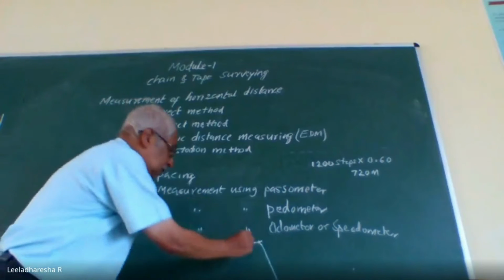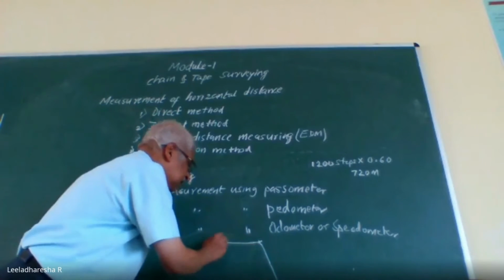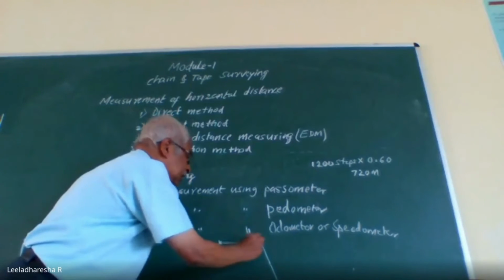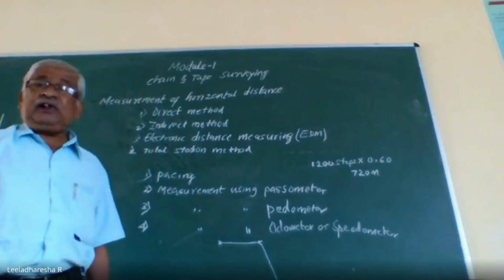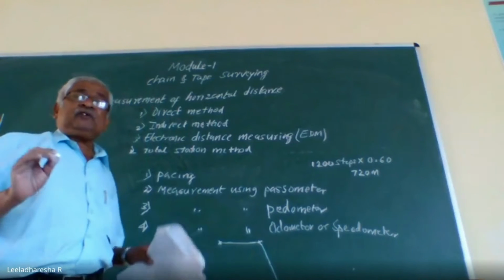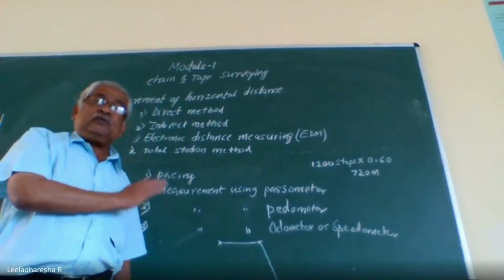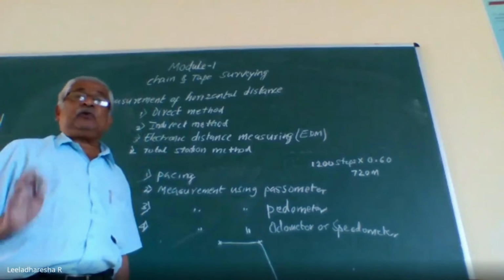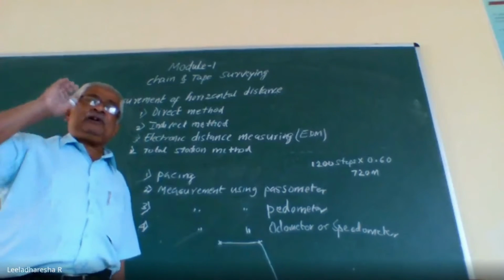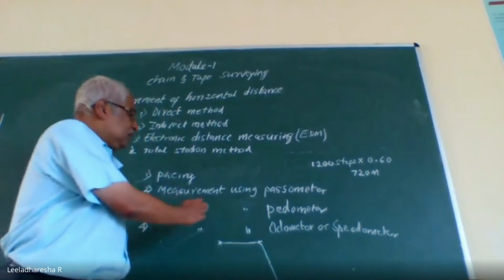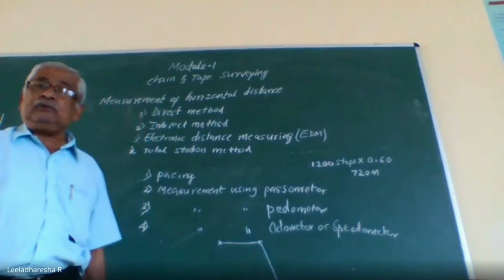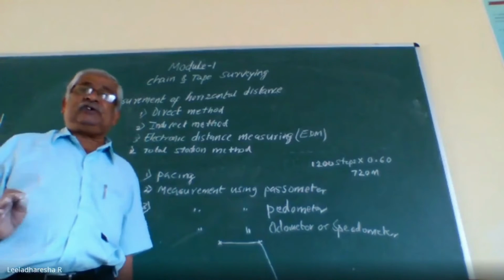So, considering width and length of the village to be covered, you can fix a very suitable scale. So, for this, we are not worried much about the accuracy. Approximately, we want the length and width of the village to be plotted on a drawing sheet.